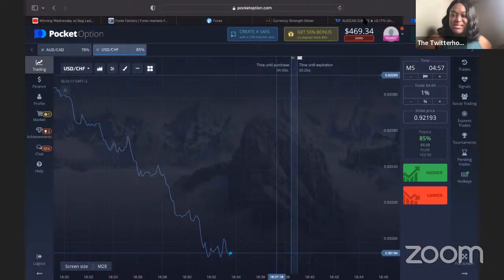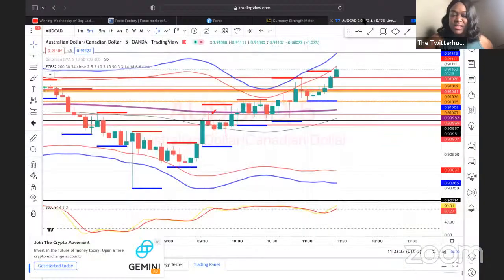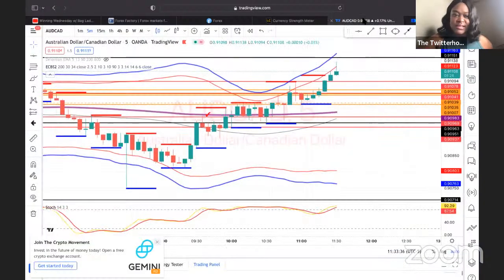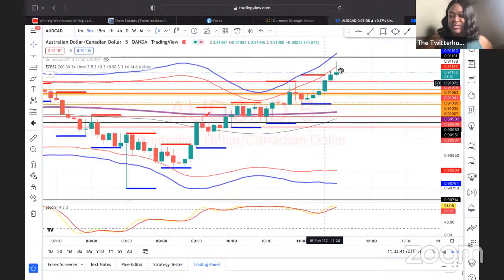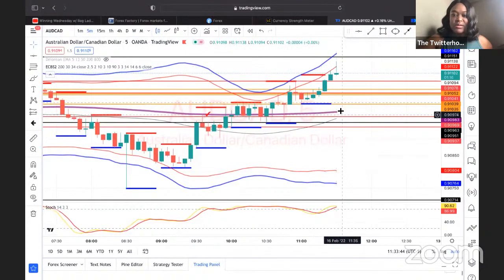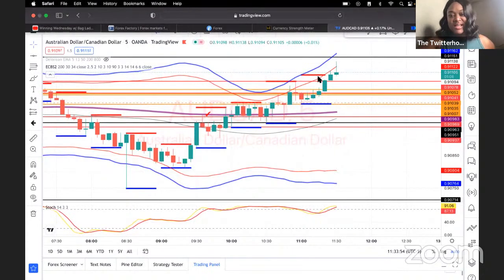So we missed that. If you miss something, you just gotta be cool and let it go. Like, obviously, we missed AUD CAD. It needs to come down for me to consider getting into it because it's already in that overbought area. Don't be too eager to get into a trade that you can clearly see that you missed.